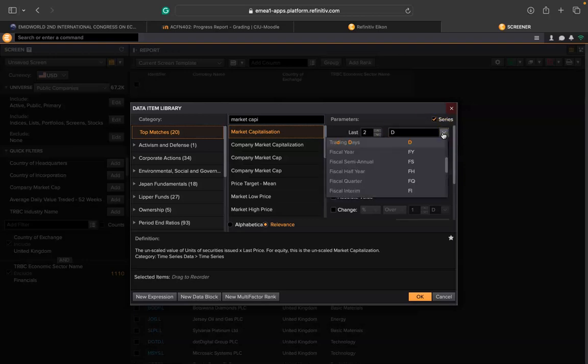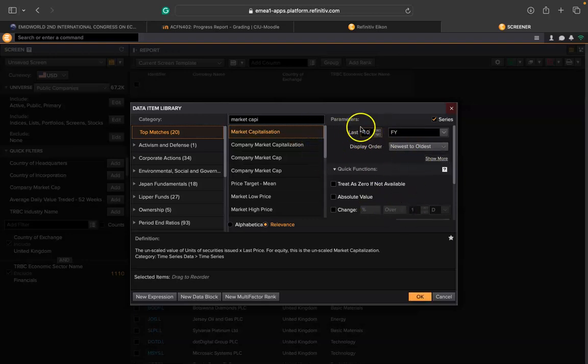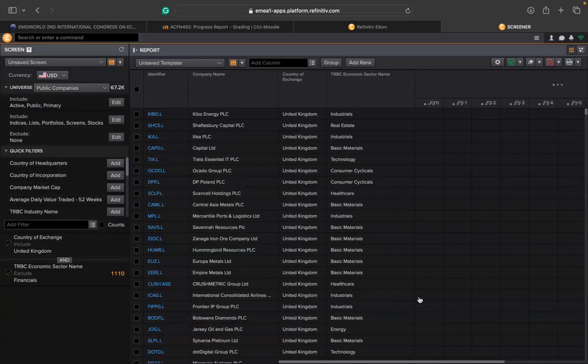When we click over here, there is trading day, fiscal year, fiscal semi-annual, fiscal half year, and lots of different periods of data. I will be using the fiscal year, which is much more appropriate. So I will get 10 years of data; the last 10 years will be treated over there. So I click OK.